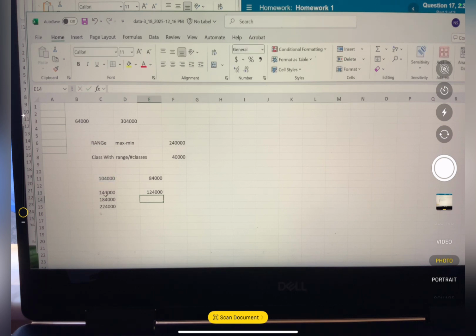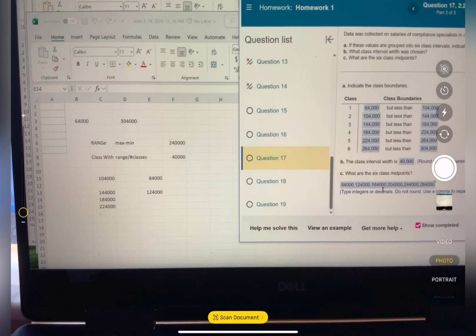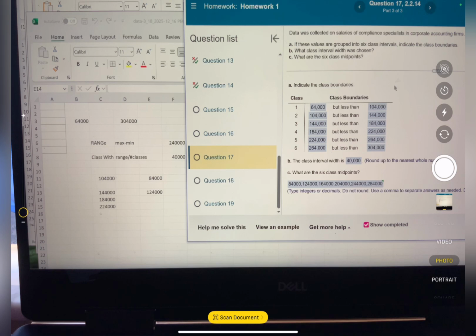And I got 124,000. See? The beginning and end of the class, you add to each other and divide by 2, and you will get this result. So I think I'm done with 17. I think this is faster and I explained also. It should be clear for you.